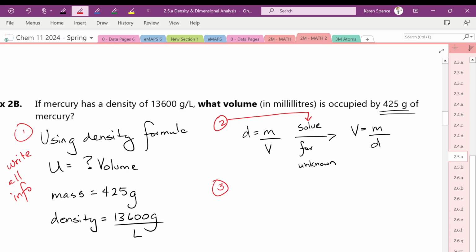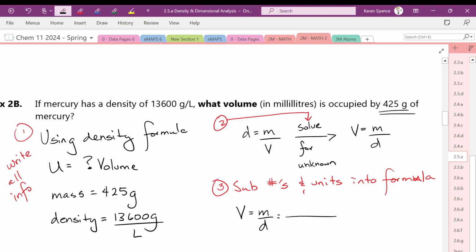Step number 3 is to sub numbers and units into the formula. So you're going to make a nice little mathematical sentence. I am solving for V. What is V equal to? V is equal to M over D. What can I substitute for mass? 425 grams.